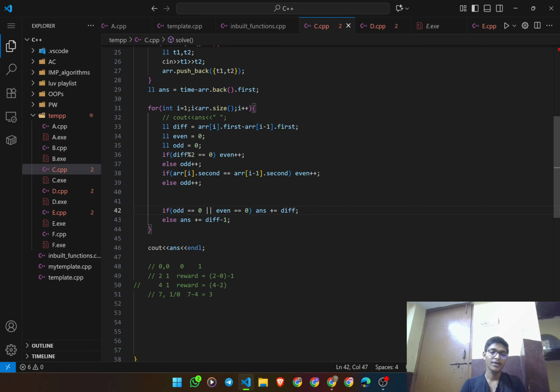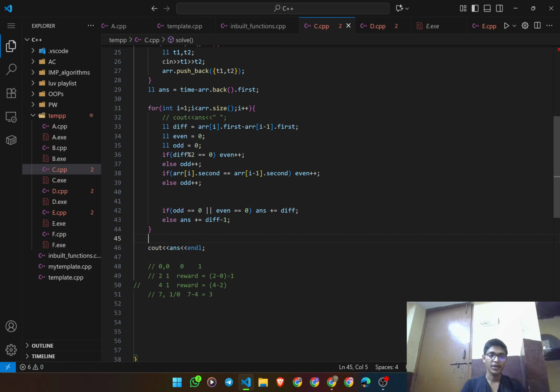So when both are even or both are odd, the answer will be plus equal to the difference. And if one is even and one is odd, then the difference minus 1 will be added to the answer. So that's how our answer will come.